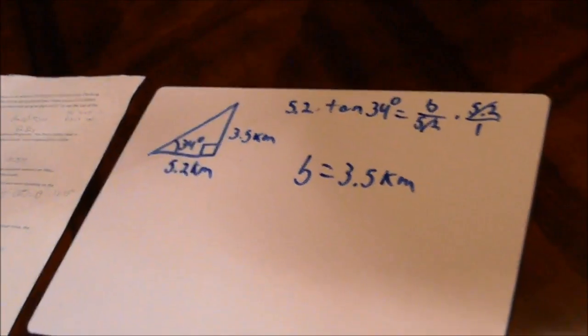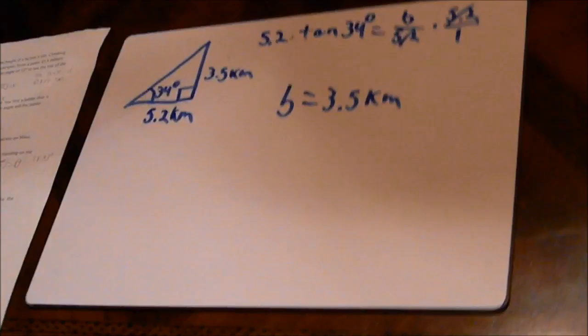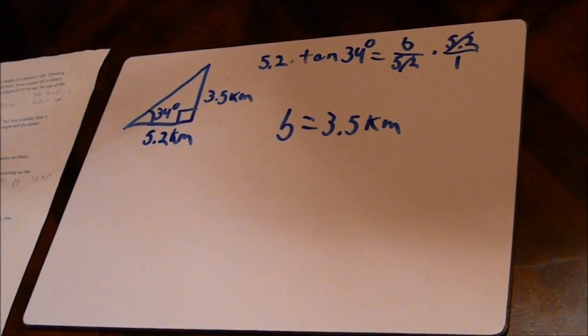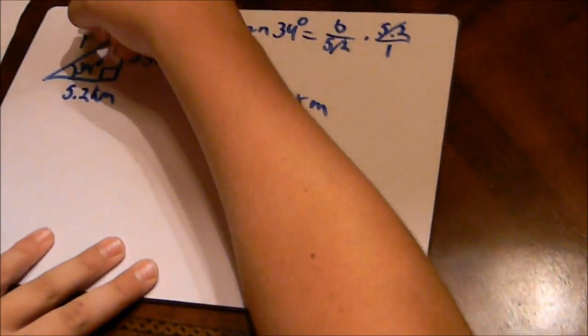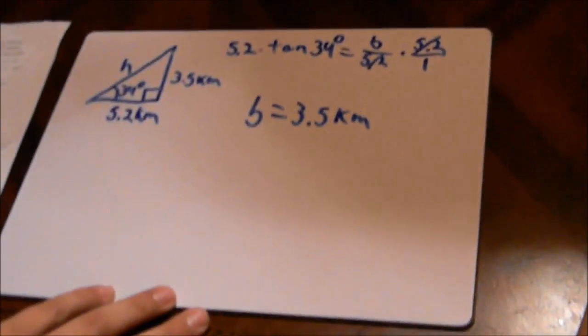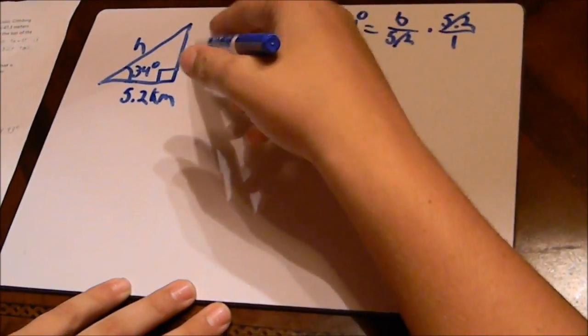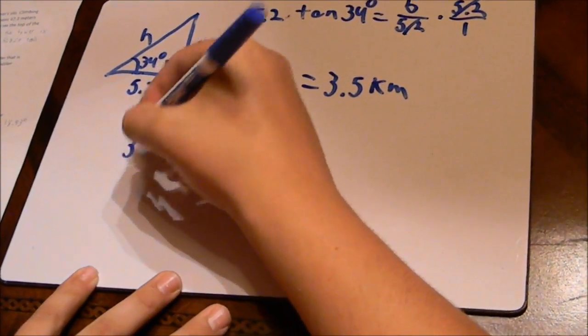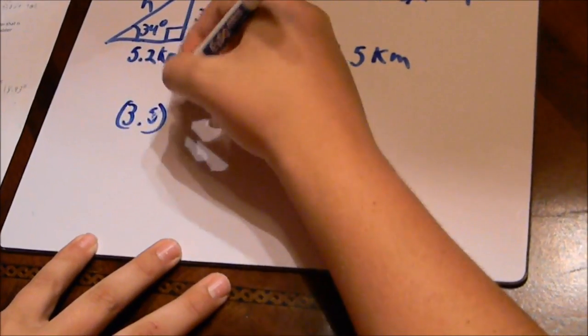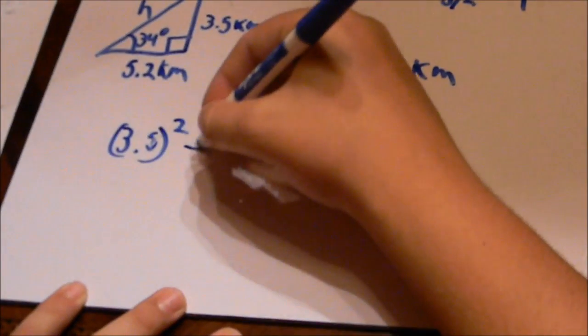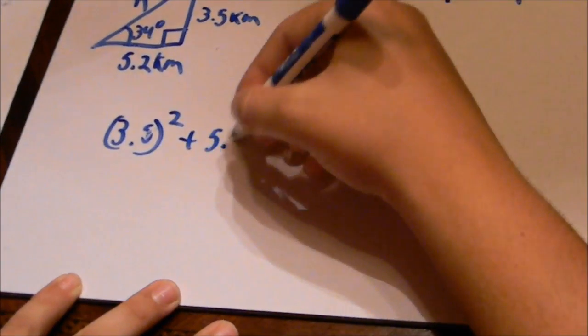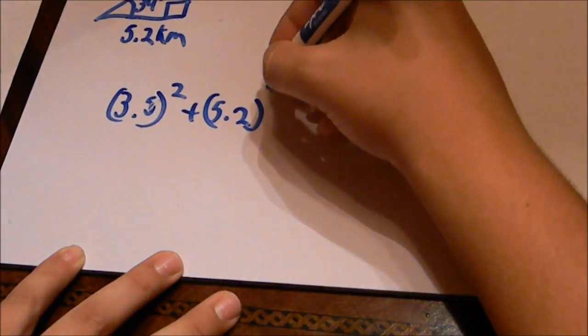The second part of the question, how far is the missile from the observer? So in this case, we are solving for this side, which we will call H. Now we know we're going to be using the Pythagorean theorem. We're going to start off with this one, which would be 3.5 squared plus 5.2 squared.